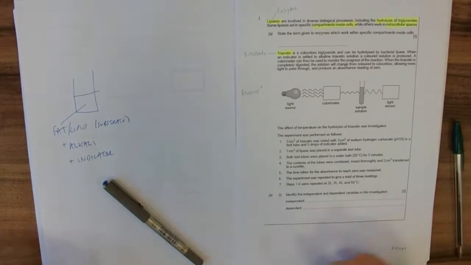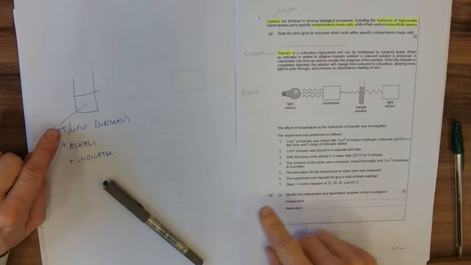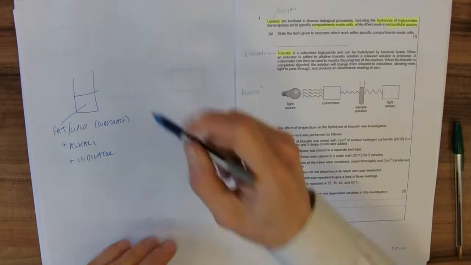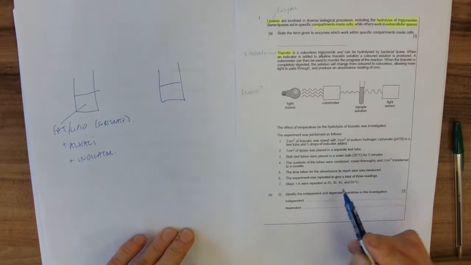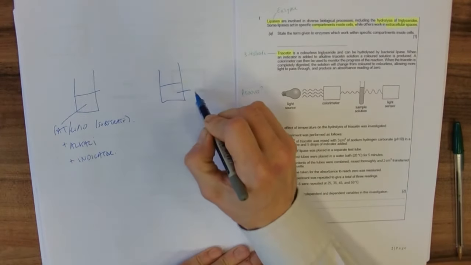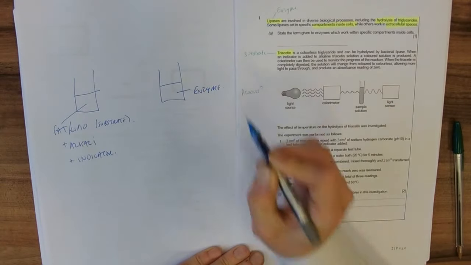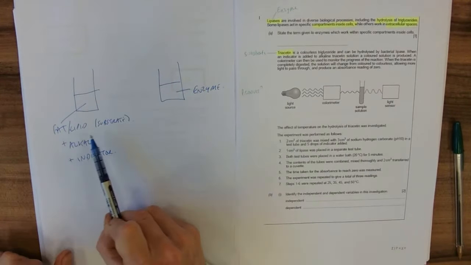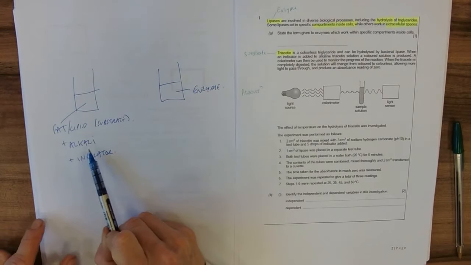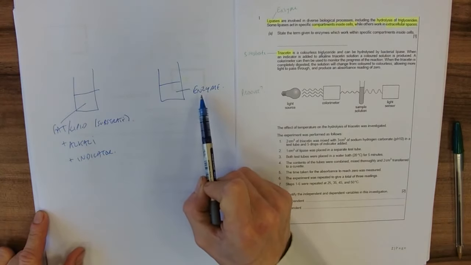So set up that tube, and they've got a separate tube, and they've got the lipase, which is the enzyme. So 2 tubes, substrate plus an alkali plus an indicator, and then a separate tube they've got an enzyme.